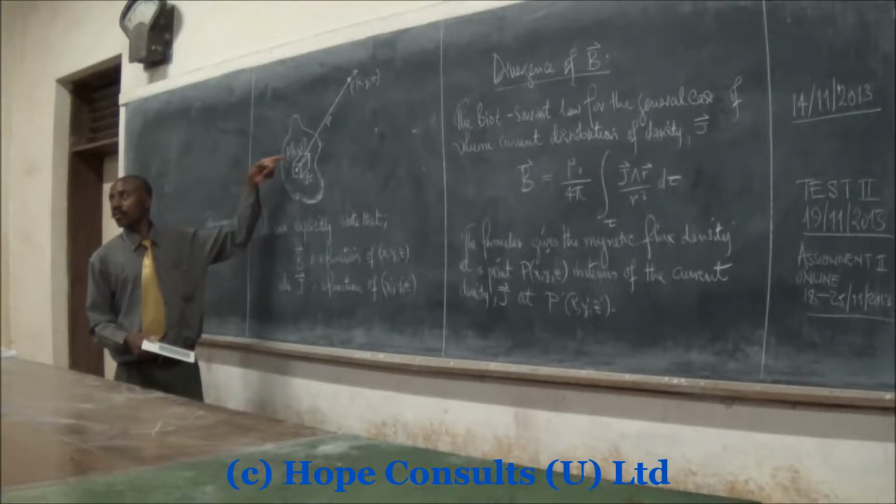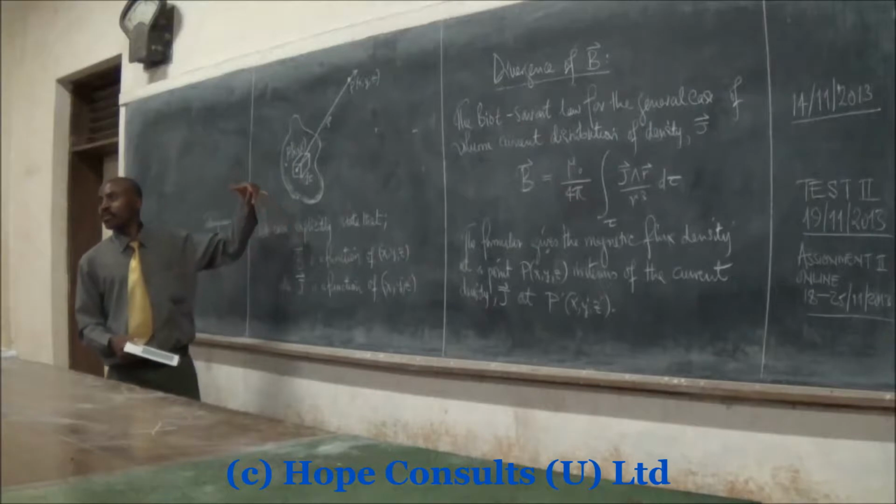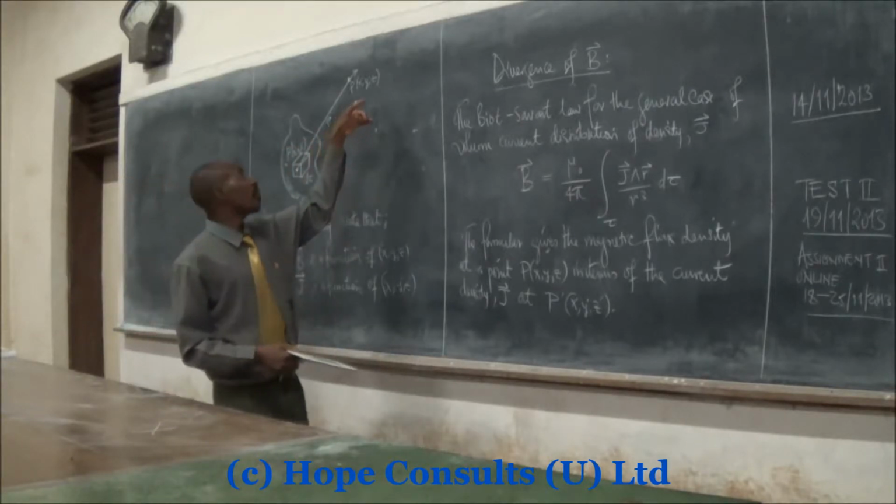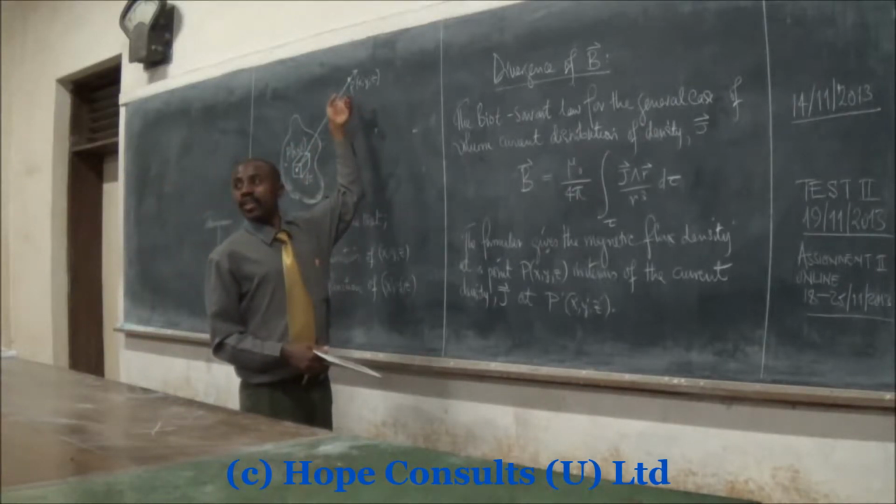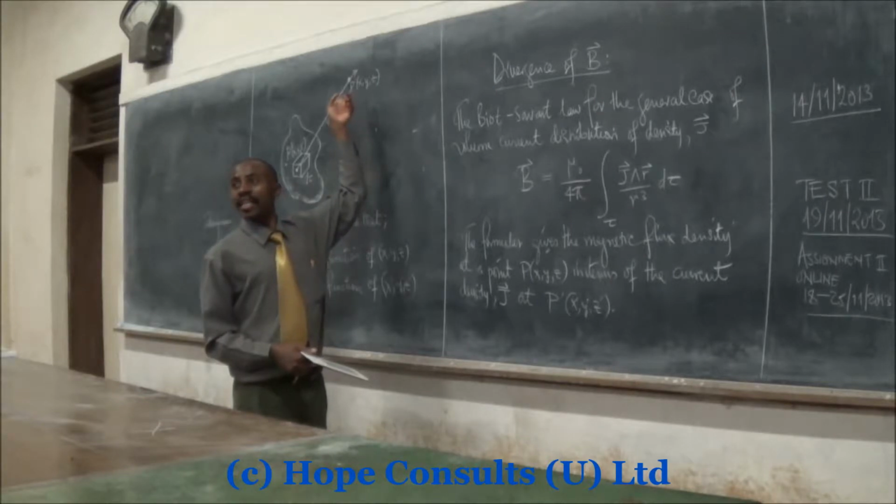So it is a function of the primed coordinates. But the magnetic field which is being felt at the point P is a function of the unprimed coordinates x, y, z.